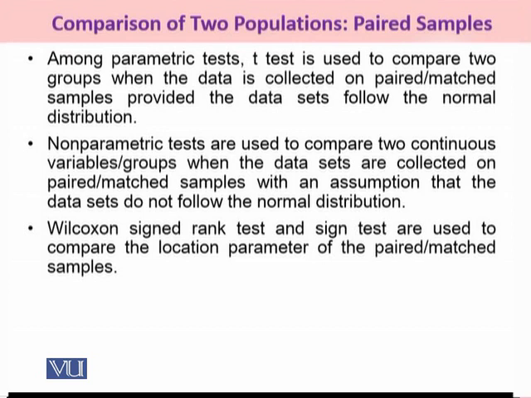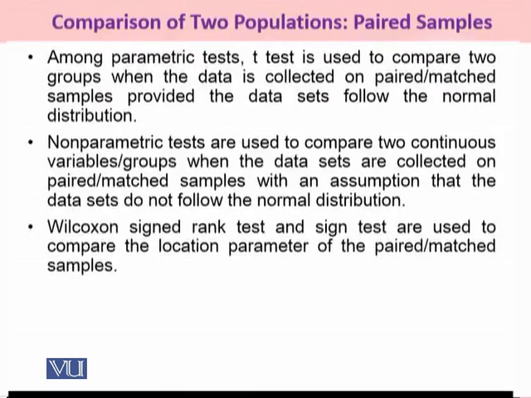But if one of them is not normal, or the samples are not random, then we cannot follow this objective using the paired t-test. So the non-parametric tests are used instead to compare two continuous variables or groups when the data sets are collected on paired or matching samples, with the assumption that the data may not follow the normal distribution.